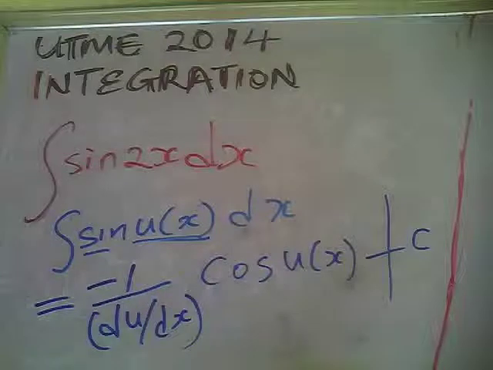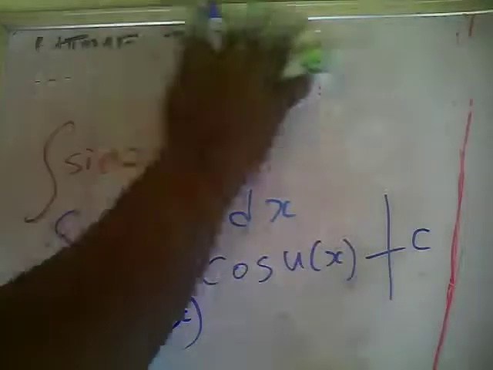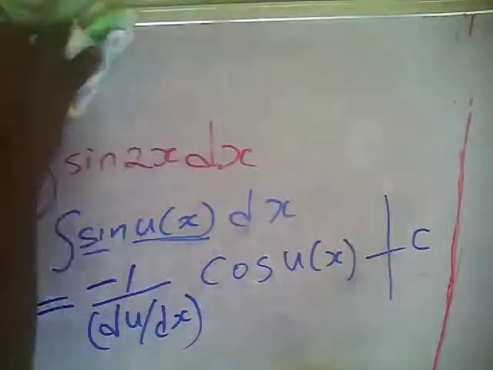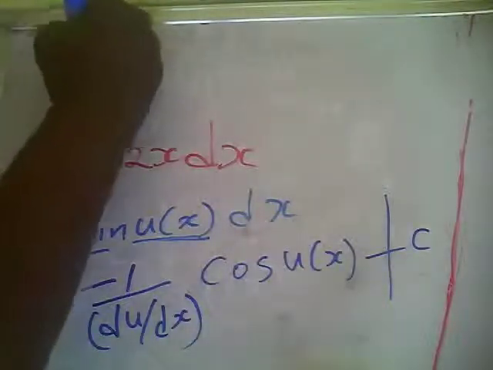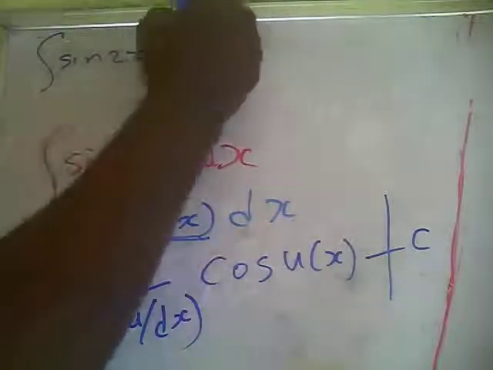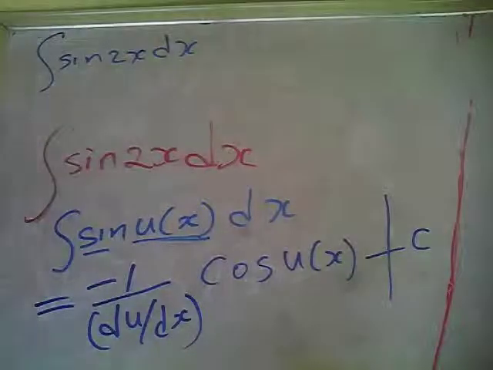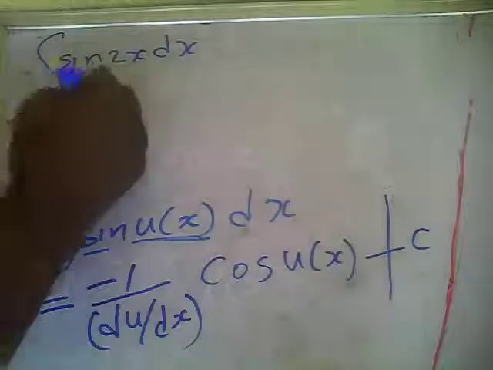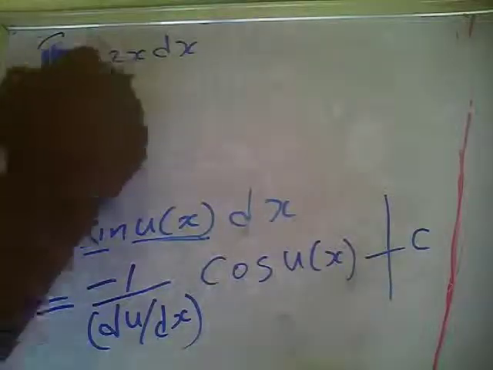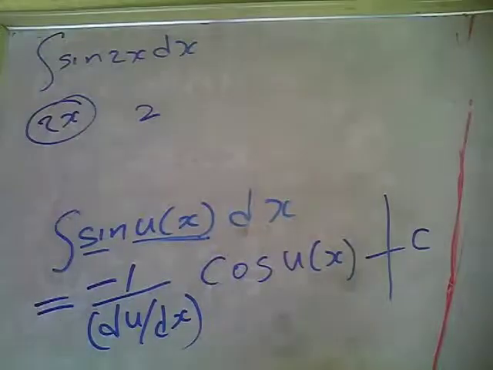Now, using this formula, let us integrate sine 2x dx. We know that the u of x function here is 2x. It's a linear function, and when we differentiate 2x, we are going to get 2.